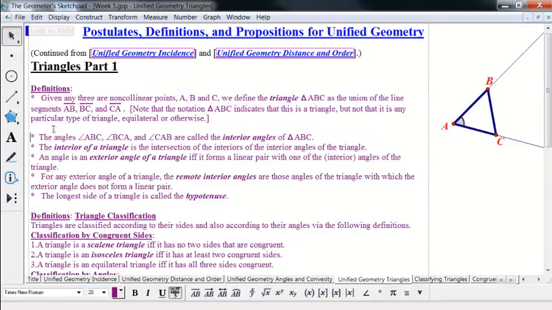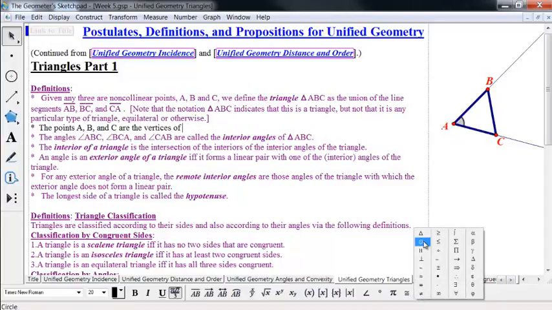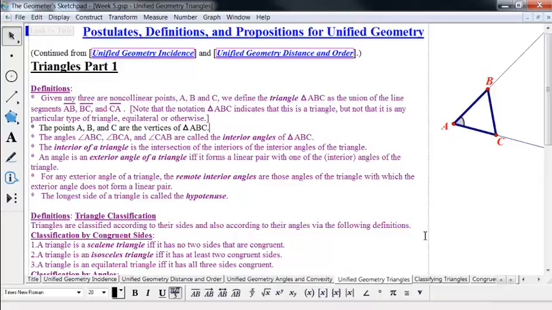Another definition here: the points A, B, and C are the vertices of triangle ABC. So these should be familiar definitions to you.